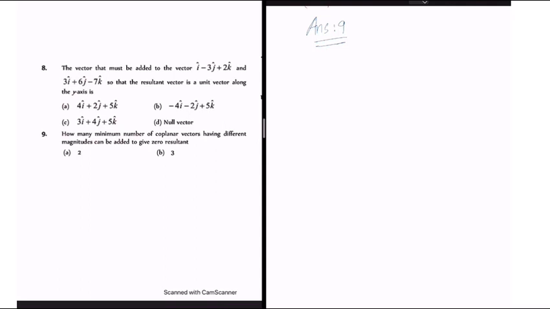If you take two vectors, say this vector is A and this vector is B, then A and B must be equal in magnitude and opposite in direction.